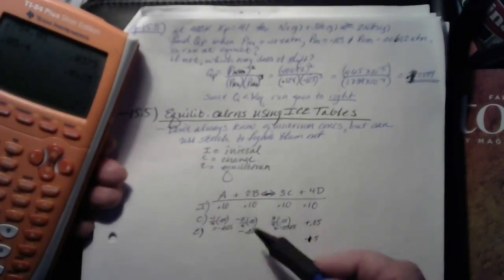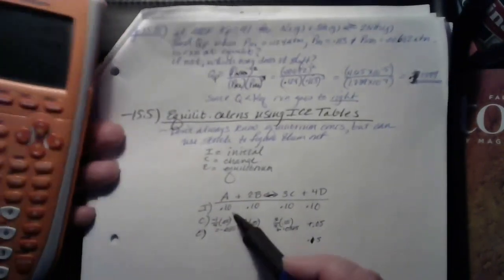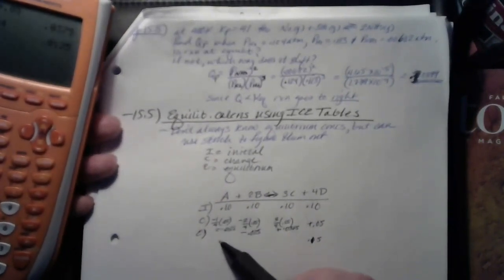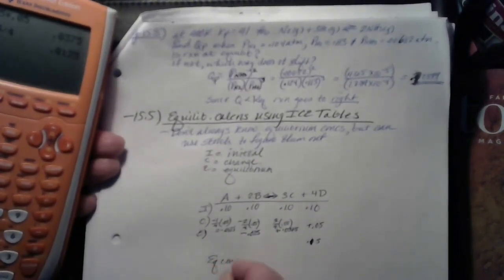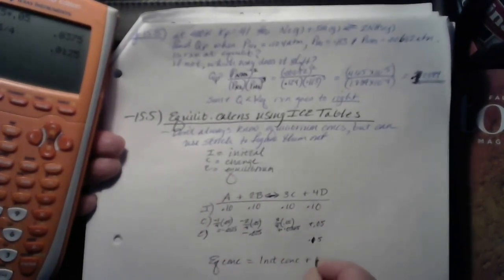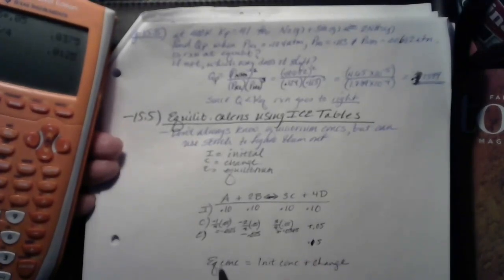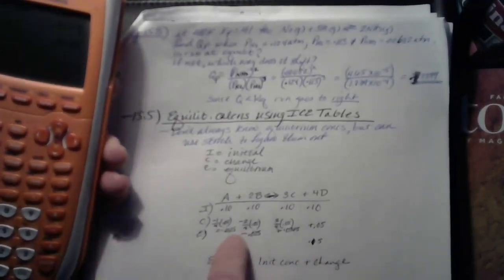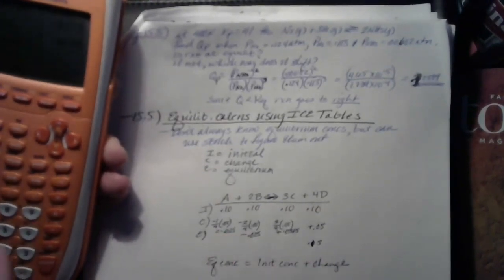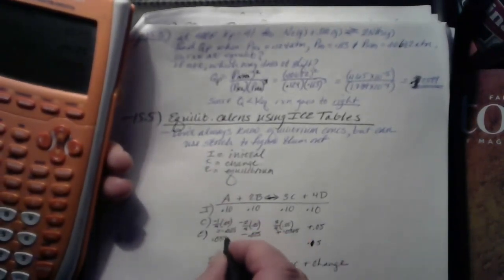And now that we know the changes for everything, we can find the equilibrium concentrations for everything, because initial plus change equals equilibrium concentration. So for A, 0.1 plus the change, which is minus 0.0125, gives you 0.0875.